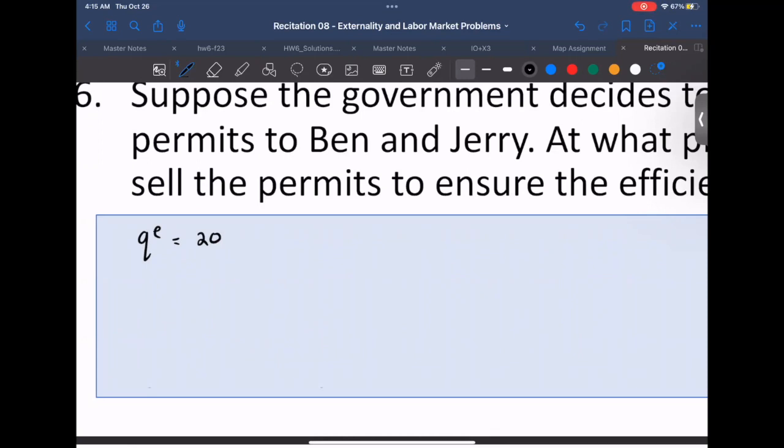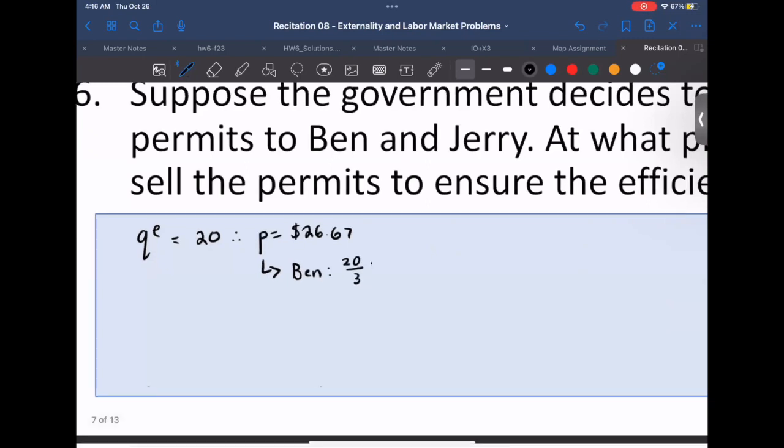Now, earlier in the video, in question 1, we figured out that for Ben and Jerry to catch 20 fish, the price that motivates them to catch 20 fish is $26.67, where Ben would end up catching 20/3 pounds of fish, and Jerry ends up catching 40/3 pounds of fish.